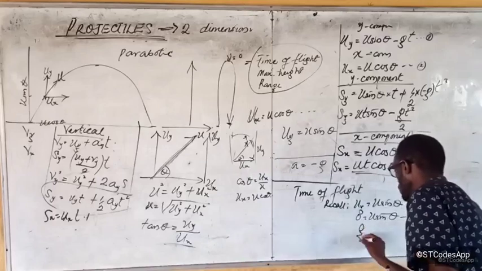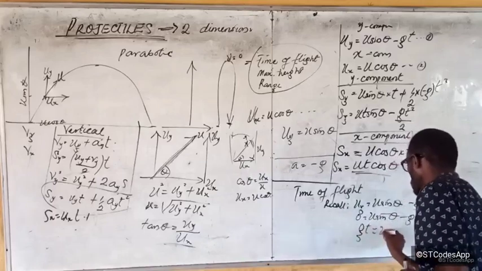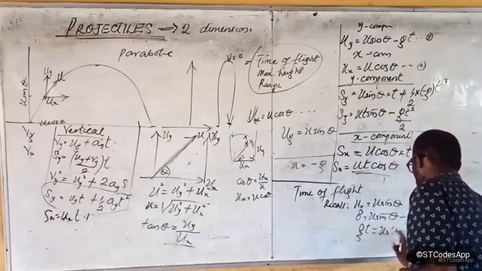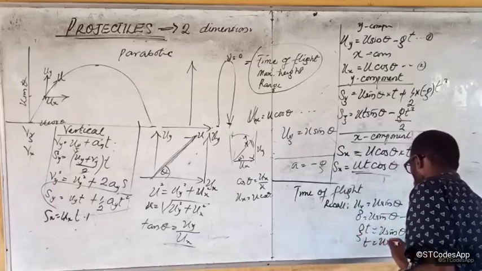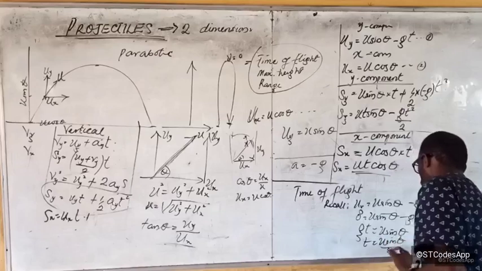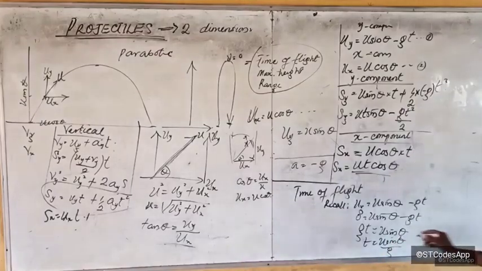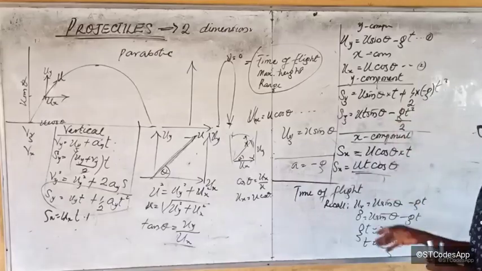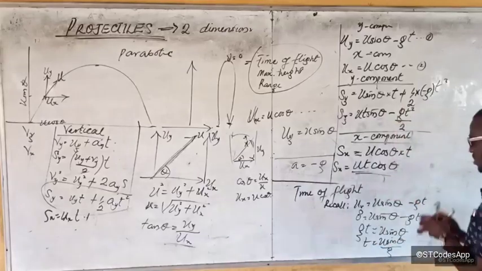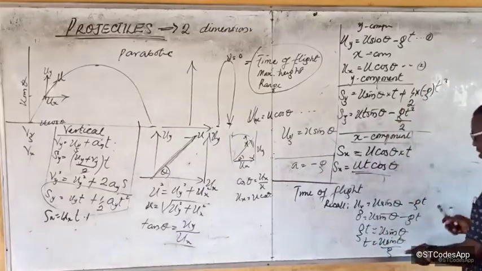So gt will be equal to u sine theta, so that t will be equal to u sine theta over g. This is the time it took to get to its maximum height. This is not the total time of flight, just the time it took to get to the maximum height.